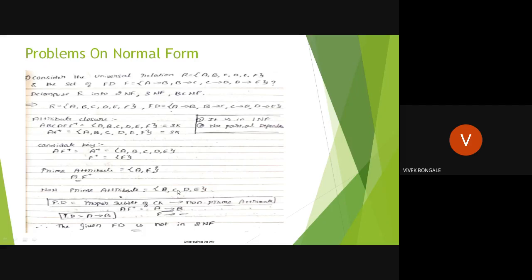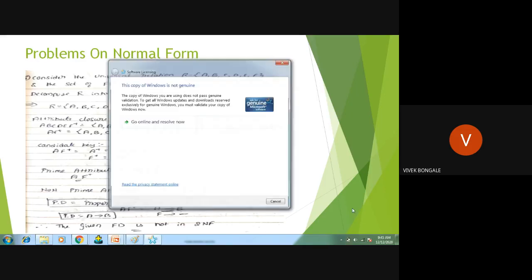It is a non-prime attribute. That means a proper subset of the candidate key, A, is determining the non-prime attribute B, so the partial dependency condition is satisfied. So the given functional dependency A determines B is violating second normal form because it is a partial dependency. Directly we can say that it is not in second normal form.